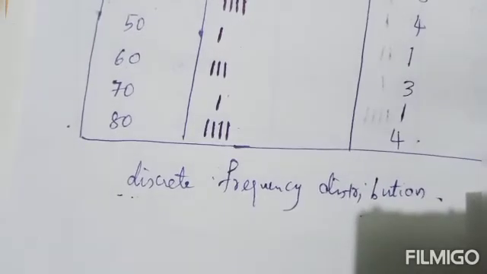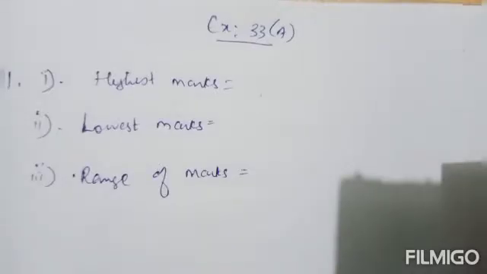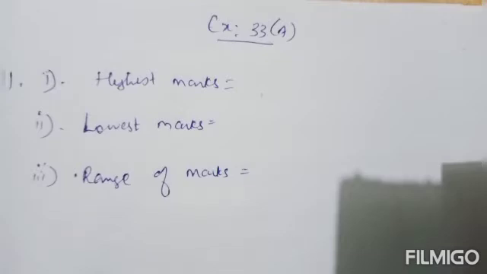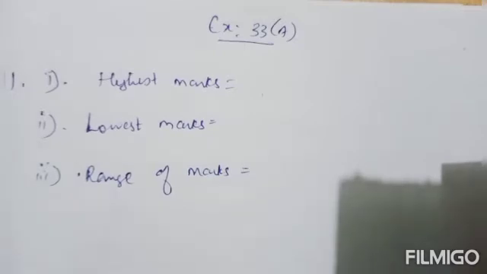Now exercise 33A, first question. Marks scored by 30 students of class 6 are given below: 38, 46, 33, 45, up to 45. Now state the highest marks scored. Among those marks, which is the highest?